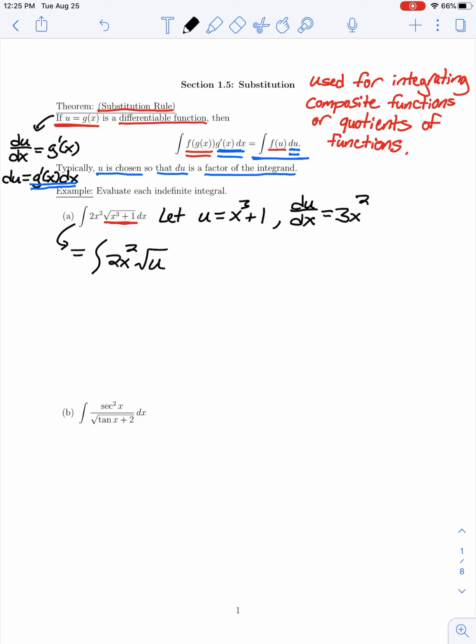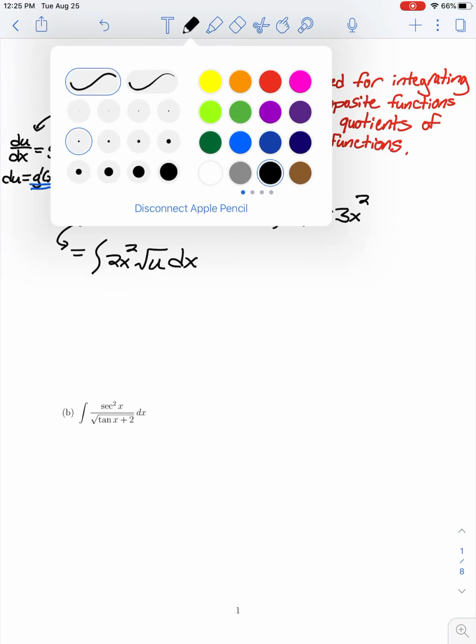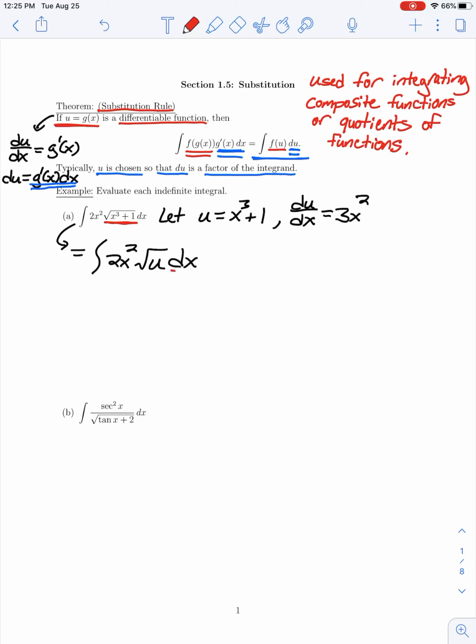So we replaced this x cubed plus 1 with u, and then on the end we have the differential of x. So my integral now involves both the variables x and u, and I want to write it only in terms of u. So I need to change this differential of x on the end into du.